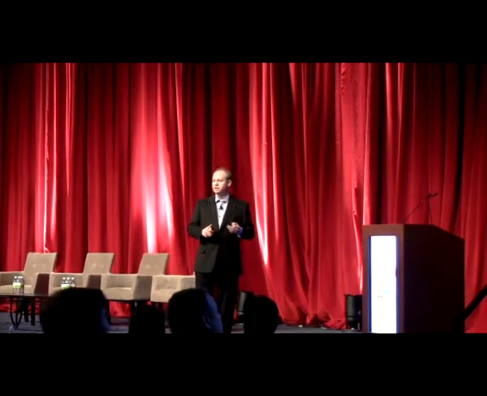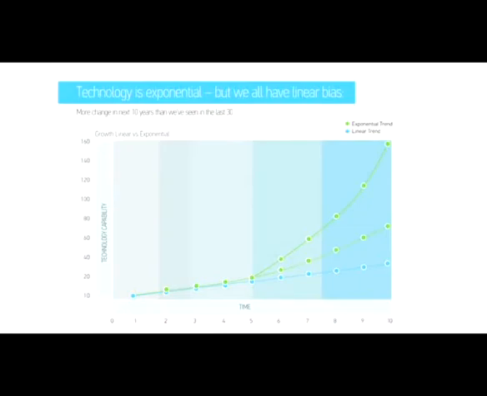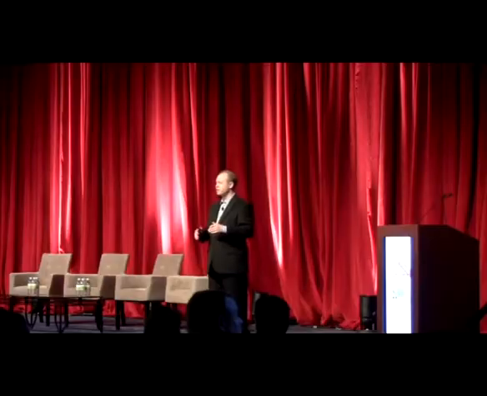So with that, I want to talk for a minute about the idea of exponential trends. You guys remember math, a linear trend versus an exponential trend? If you look at the first half of this graph, the blue line is a linear trend, and the green line is a curve that's an exponential trend. In the first half of this graph, it's very hard to tell the difference between them. They're very close together.